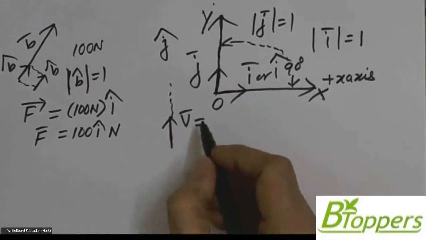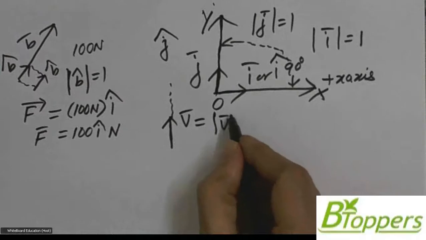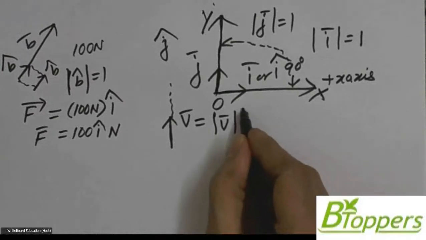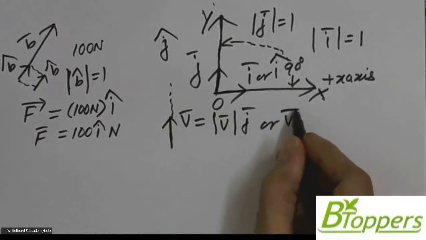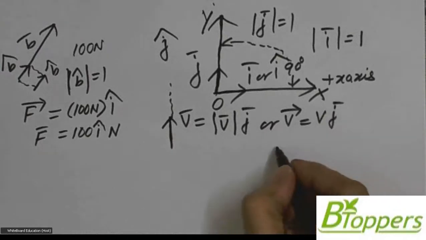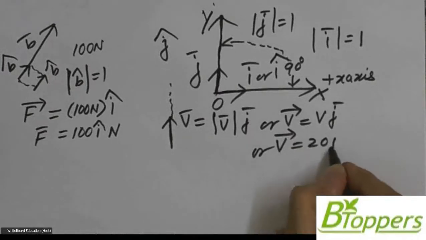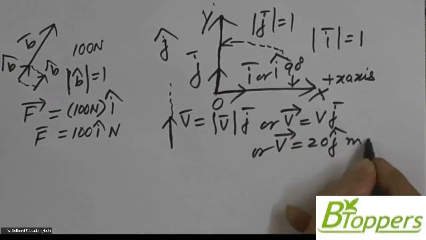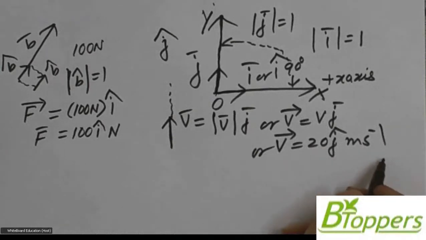Then the velocity vector v bar can be written as the product of its magnitude and the unit vector in the same direction. The unit vector along the positive y-axis is denoted by j bar. So we write v bar equal to mod of v bar into j cap. The magnitude of velocity is 20 meter per second and it is directed along the positive y-axis, so v bar can be written as 20 j cap meter per second.